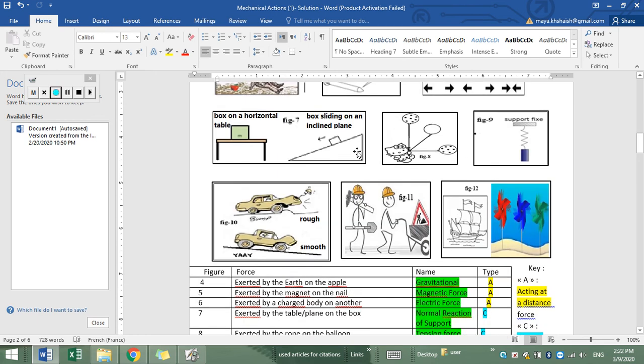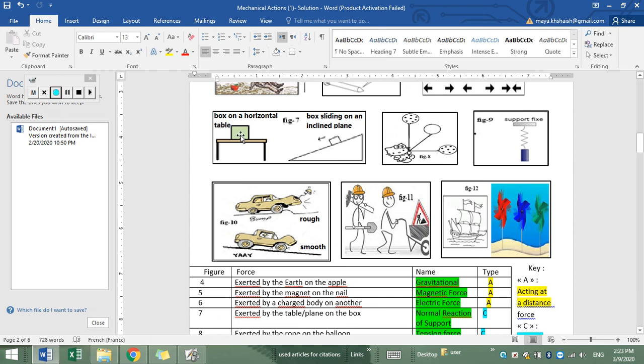For figure 7, exerted by the table plane on the box. We said that there is a gravitational force exerted by the earth on the box or on any object on earth. How come, while setting this box on the table, it doesn't fall down to the ground? This means that there is another force being exerted on the box and it is opposite to the gravitational force, right?